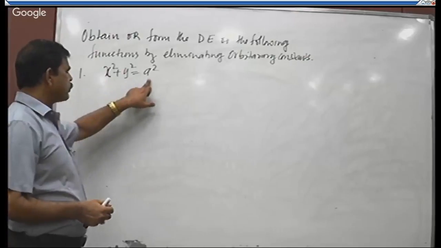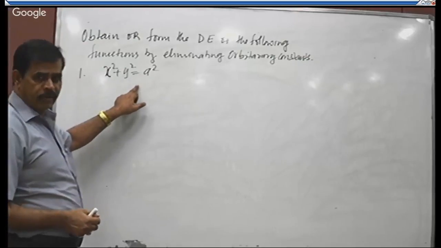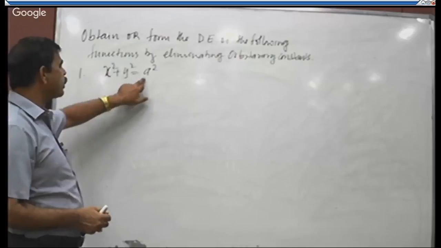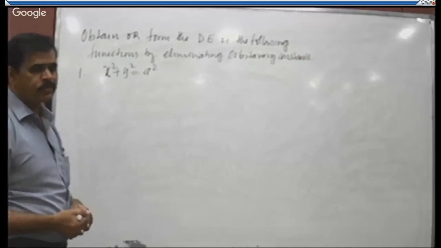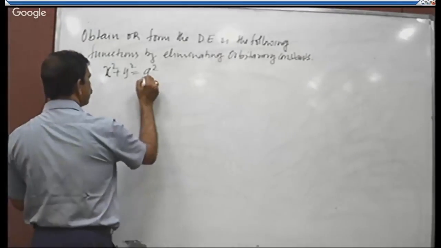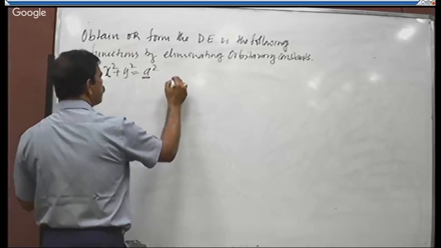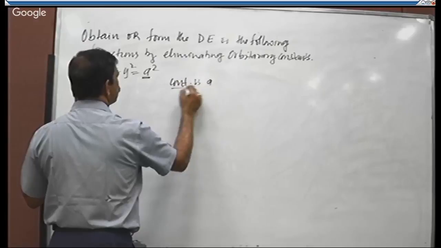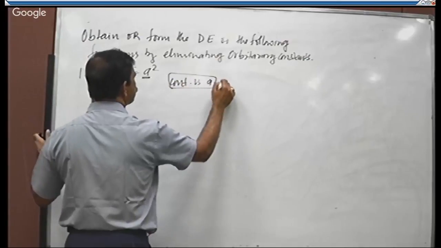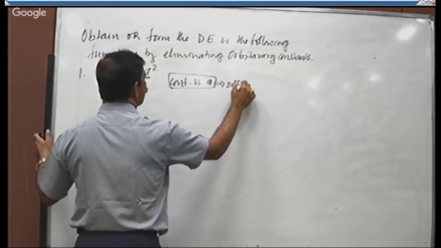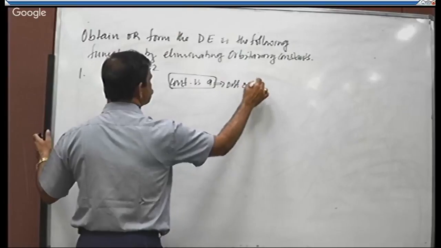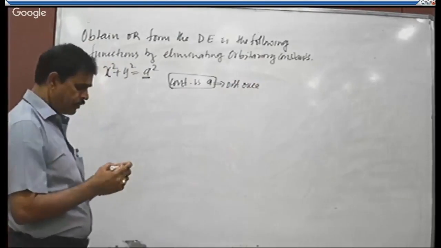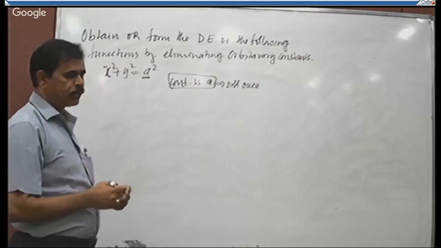See, this is a function whose differential equation is to be derived, right? How many constants are there? First identify. Only one constant, and the constant is a. Then how many times do we have to differentiate? Differentiate once, because it has only one constant.